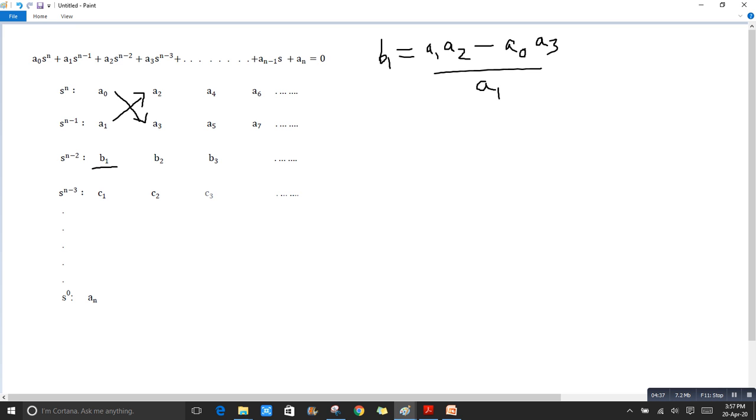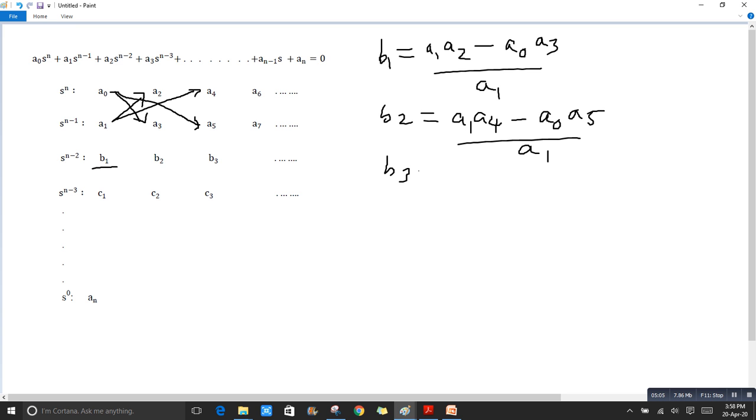Next, b2 can be calculated as (a1 a4 minus a0 a5) by a1. So this is the procedure. B3 can be calculated as (a1 a6 minus a0 a7) by a1. So this is the procedure to calculate the remaining rows with the help of the first two rows' elements.